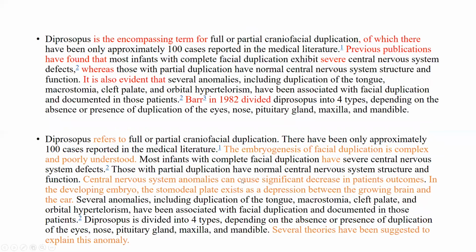So this is the original introduction that the authors wrote, and this is the one I modified that was in the prior slide. I'll go over some of the things I changed, and you can see how the original one was a better introduction. You see how "diprosopus is the encompassing term for full or partial cranial duplication."